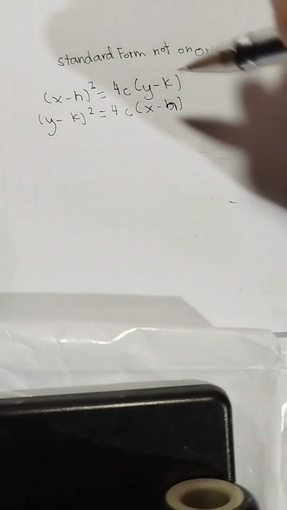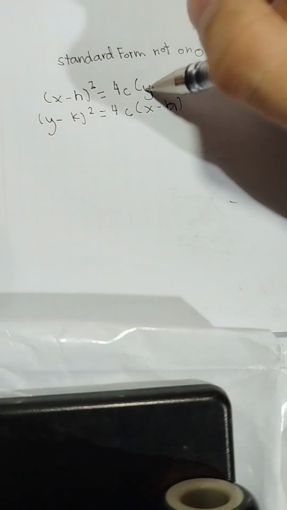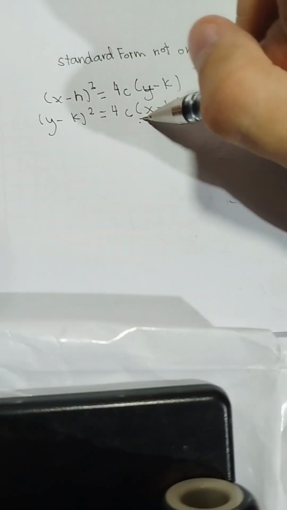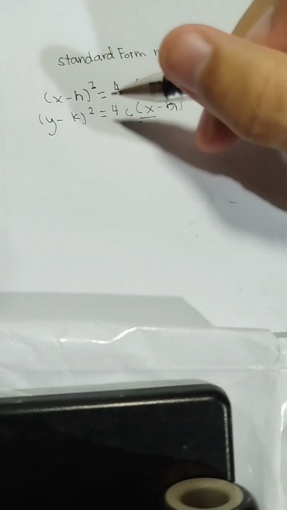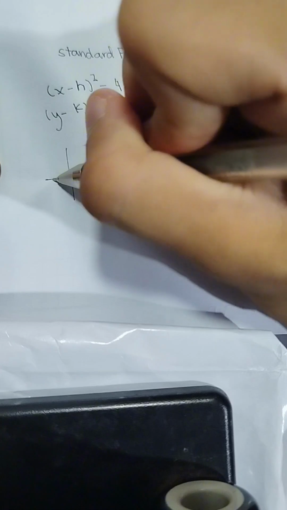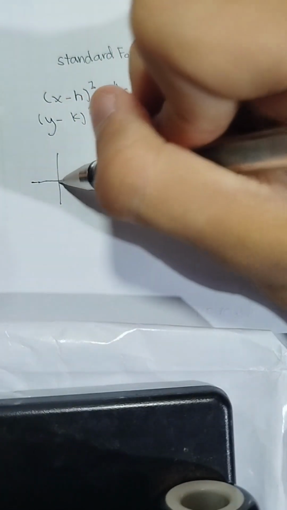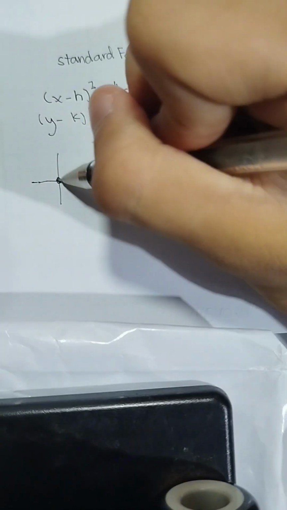So if you can see here, you can differentiate parabolas from other conic sections in that it's either y or x that is squared. It cannot be both, because if it is, then it is not a parabola. So this is the same with the other, except that the vertex is just not at the origin. So this is the origin.